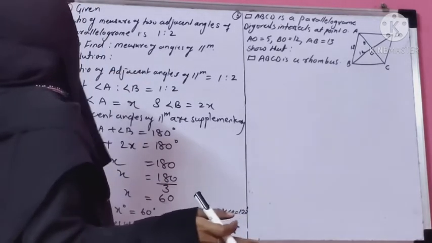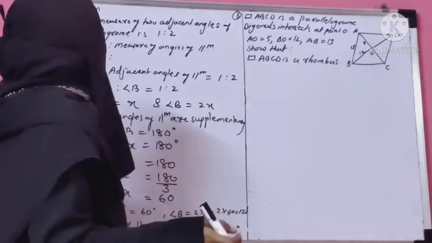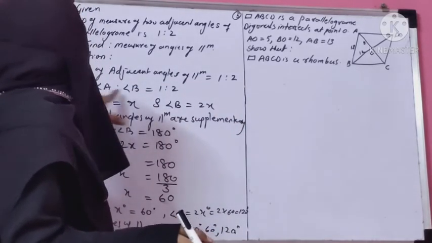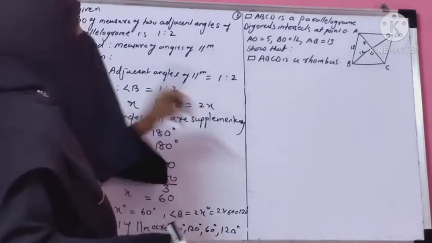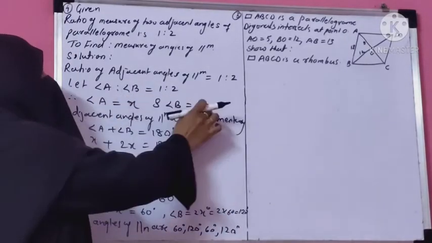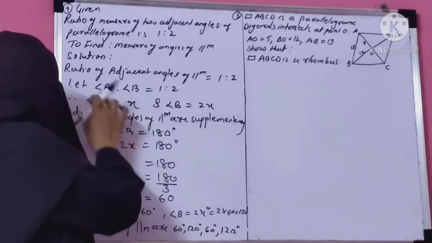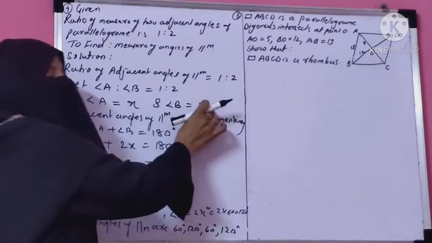Okay. So let's start. Ratio of adjacent angles of a parallelogram is 1:2. I suppose this angle as angle A is to angle B is 1:2. Now to separate these angles from the ratio, take a common multiple. So angle A is equal to 1x, that means x, and angle B is equal to 2x.